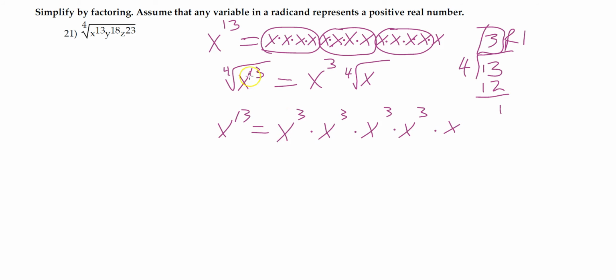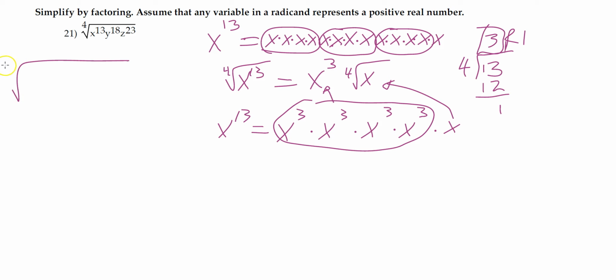Now we're looking for groups of 4. There are 4 x cubes and 1 remainder. So we can use the same division to write it in factored form and be able to follow our instructions. So we would write this, the fourth root, we have x cubed, x cubed, x cubed, x cubed, and a single x.